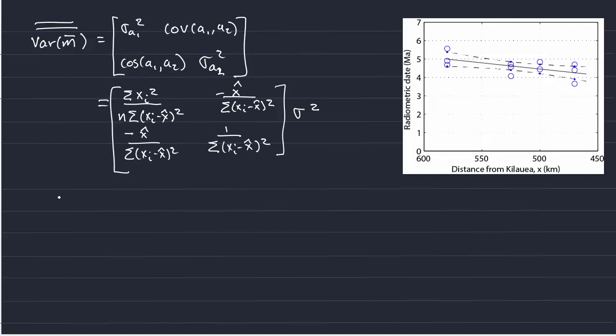And the reason I'm writing this in matrix form is it turns out to be quite easy to solve, for example, in MATLAB, because this matrix is simply A transpose A inverse.